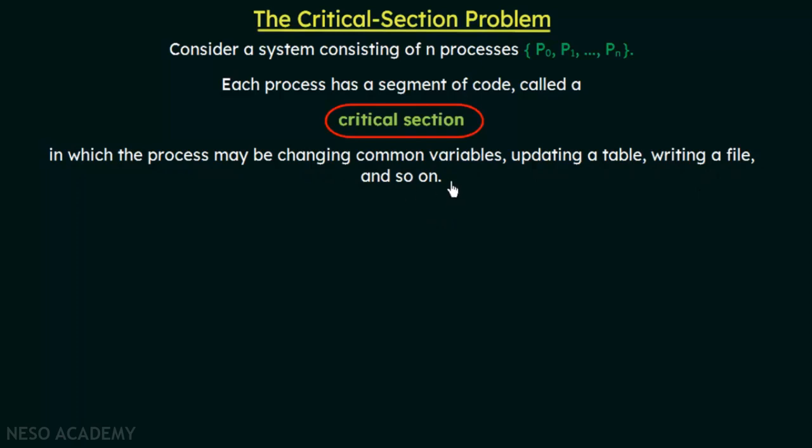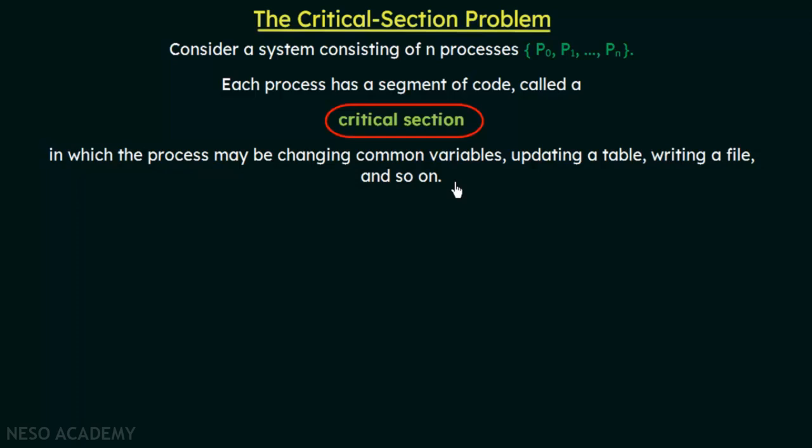So in all these processes, there is a certain section of code which we call the critical section. The critical section is a segment of code in a process where the process will be changing common variables, updating a table, writing a file, and so on.